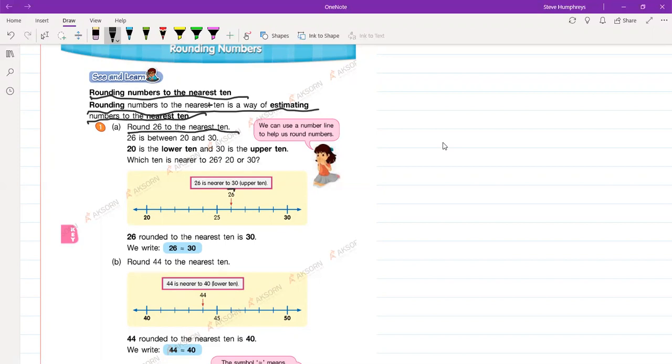Here's 26. 26 is between 20 and 30. 20 is the lower 10 and 30 is the upper 10. Which 10 is nearer to 26? 20 or 30?